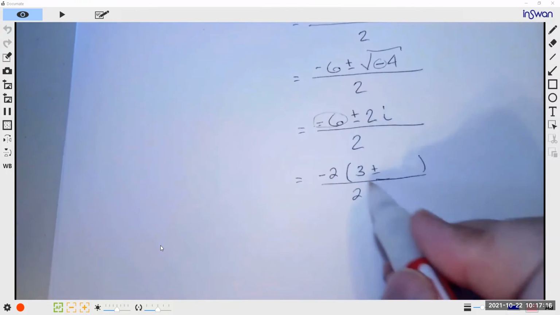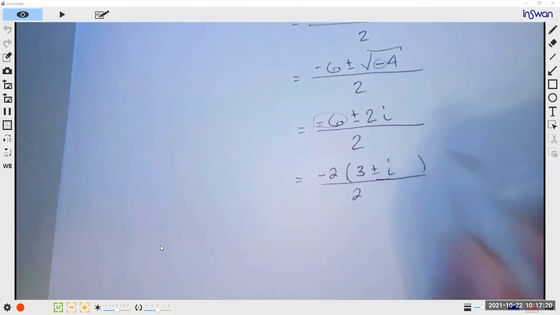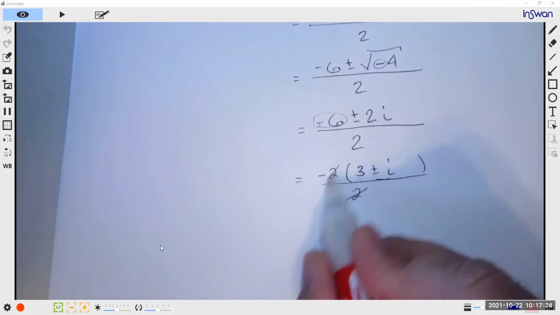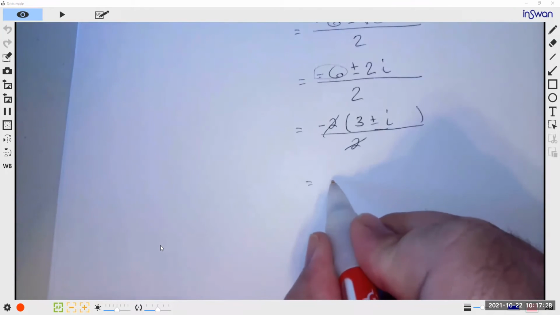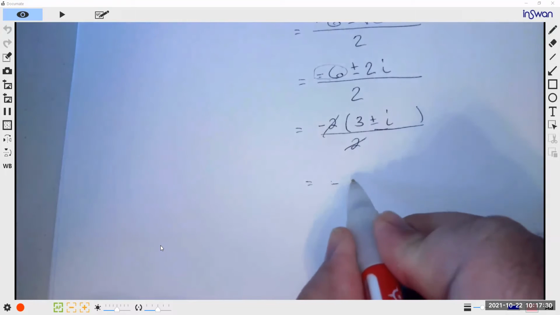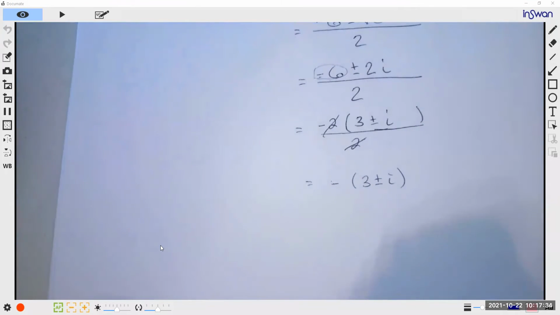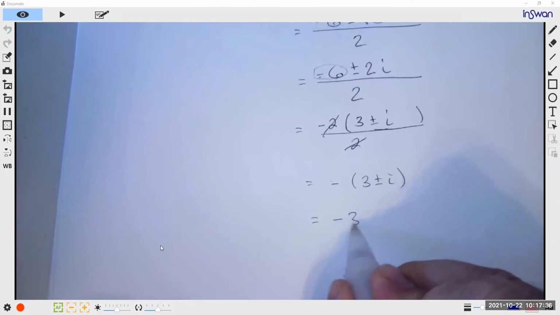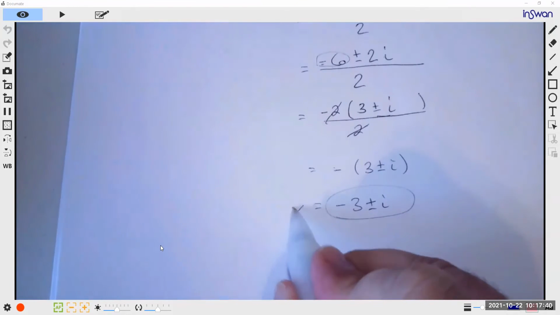Since this is plus or minus, it doesn't matter there. Take out the 2, so it's just i. So we have negative 3 plus or minus i. That's what x equals.